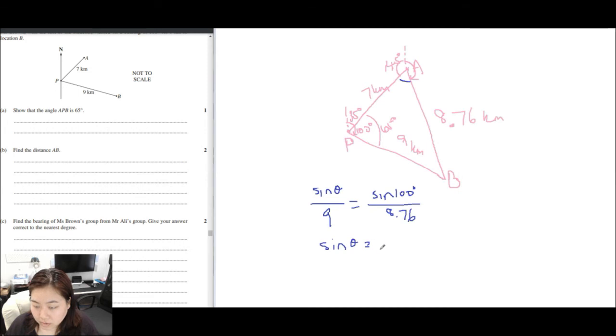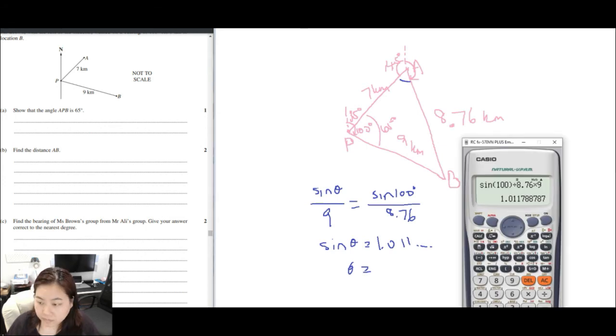Okay, 1.011... Beta is going to equal shift sine answer. What happened? Oh, why is it more than 1? This is not good.